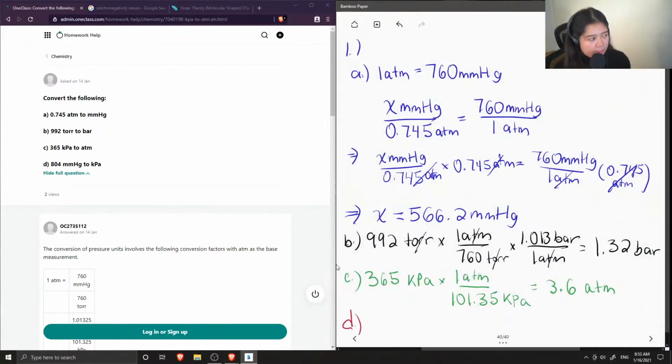And lastly, 804 millimeters of mercury to kilopascals. Let's first convert to atm.